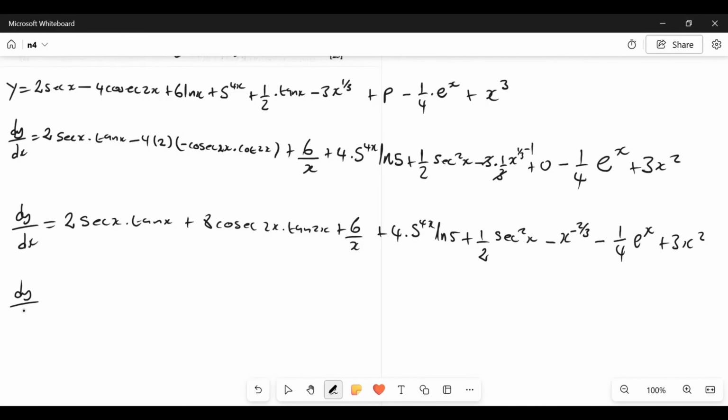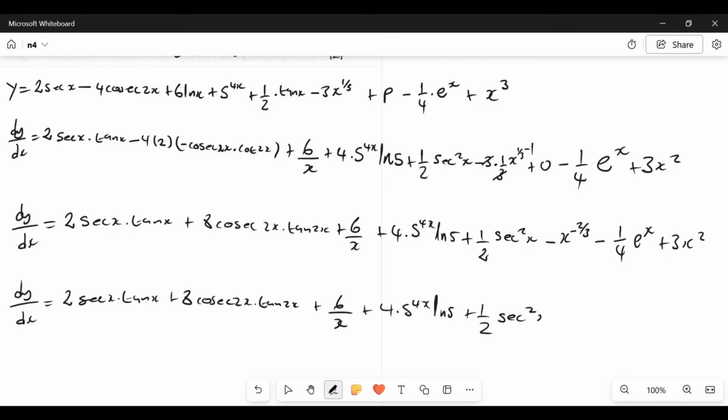dy over dx. We have 2 sec x multiplied by tan x plus 8 cosec 2x multiplied by tan 2x plus 6 over x plus 4 multiplied by 5 to the power of 4x ln 5 plus half sec squared x.